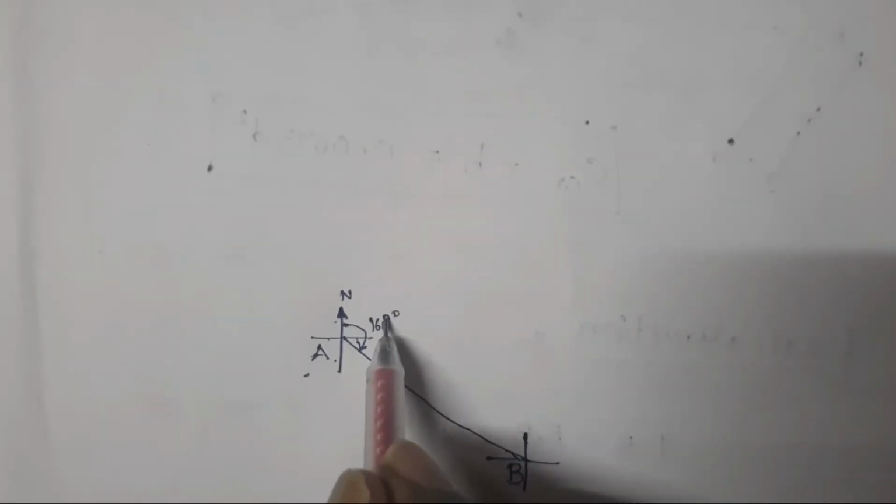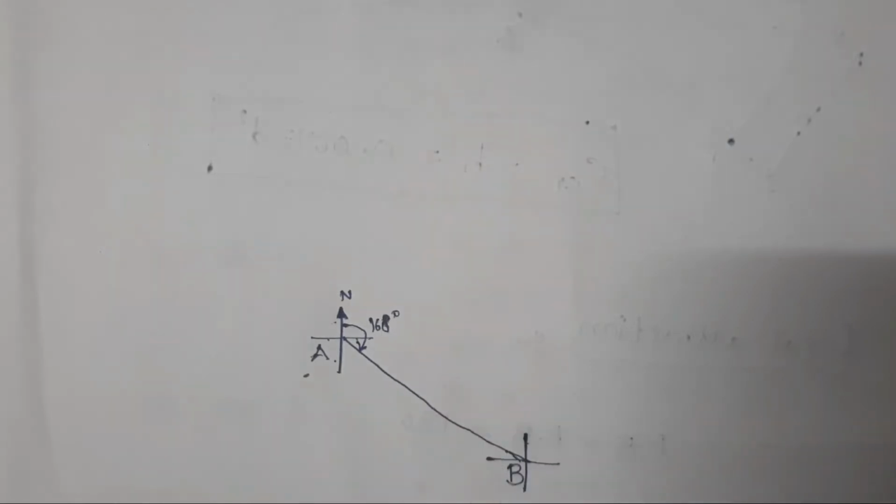This is the forebearing, 160 degrees. At the B point, this is the back bearing. From north, you have to take the reading in the clockwise direction, that is 340 degrees.